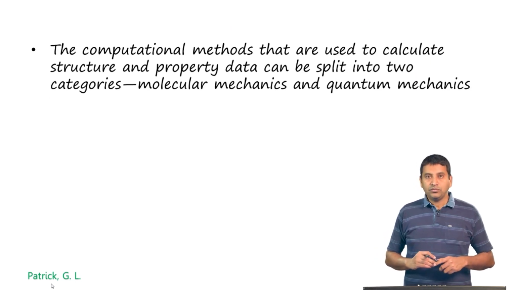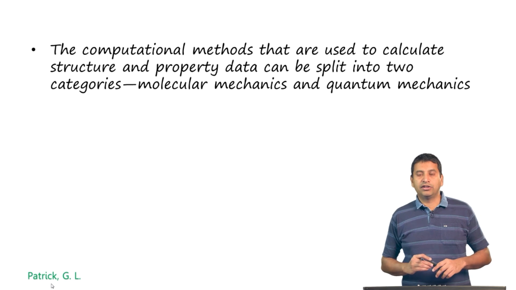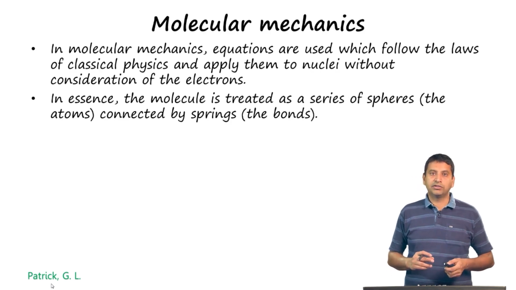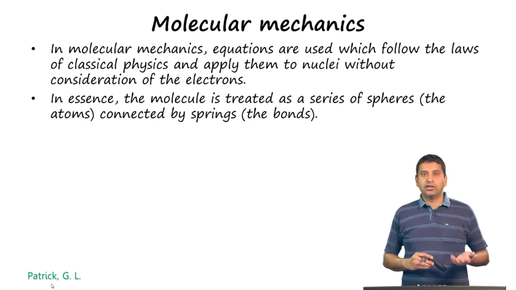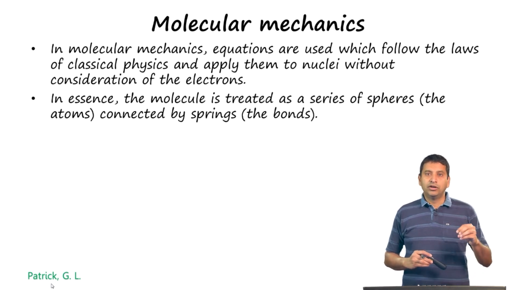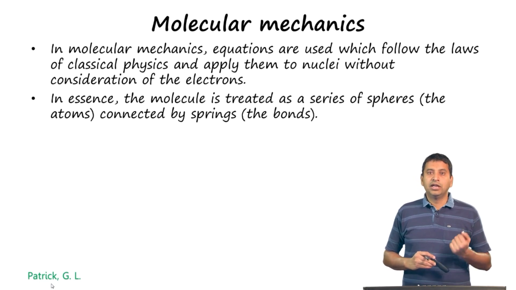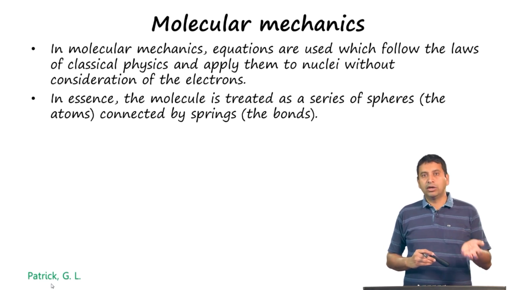So, there are two categories as I just mentioned. One is called molecular mechanics and the other one is called quantum mechanics. In the first approach, that is the molecular mechanics approach, we use equations which follow the laws of classical physics. Okay. These are applied to nuclei without consideration of electrons.